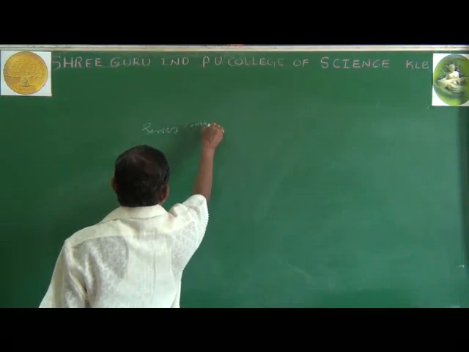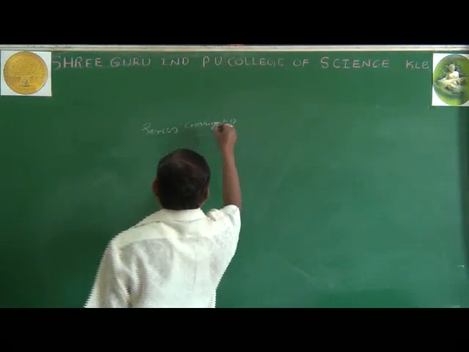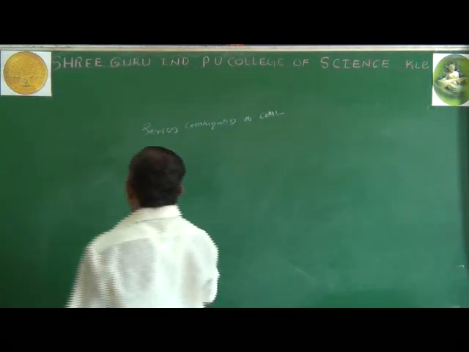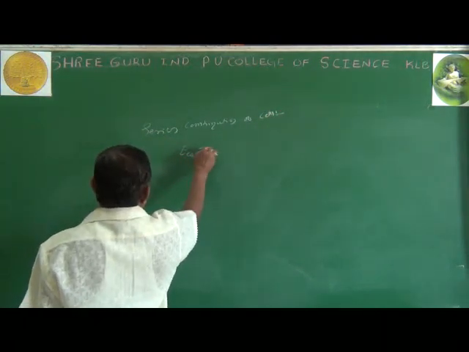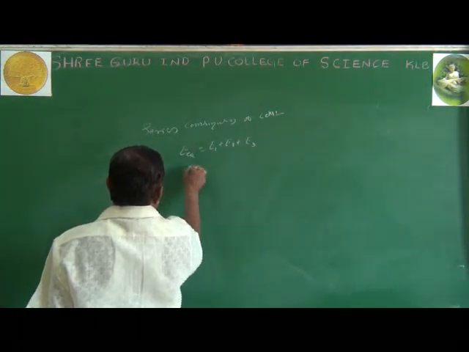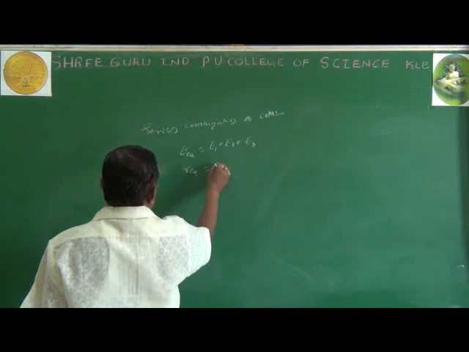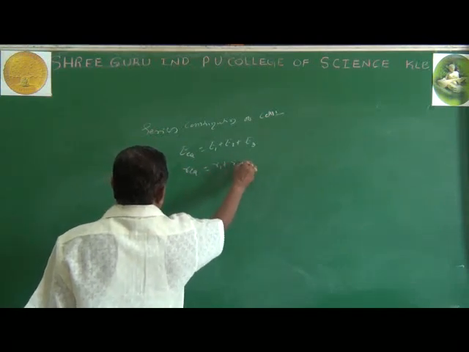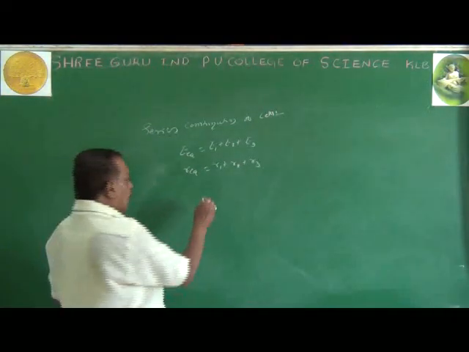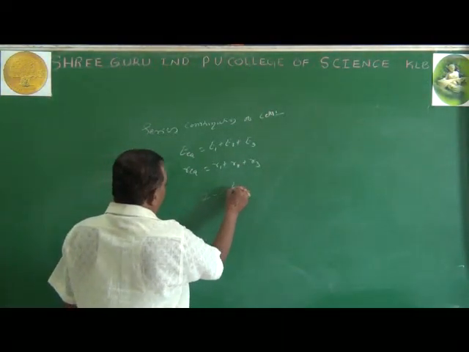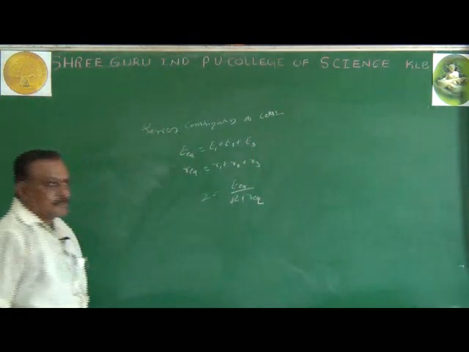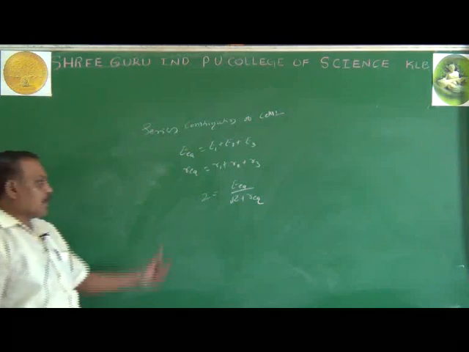When the cells are in series combination, we know from the derivation that the total EMF E equivalent equals E1 plus E2 plus E3, and the equivalent internal resistance is r1 plus r2 plus r3. Then total current I equals total EMF divided by total resistance. Without the external resistance, we cannot make the current flow.